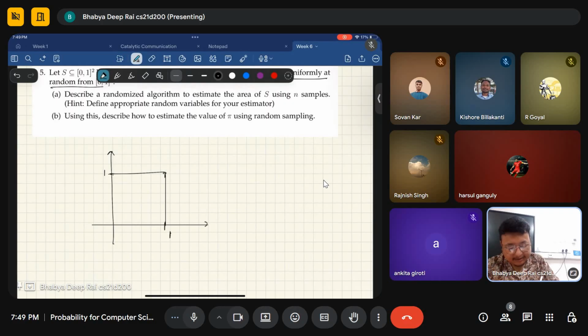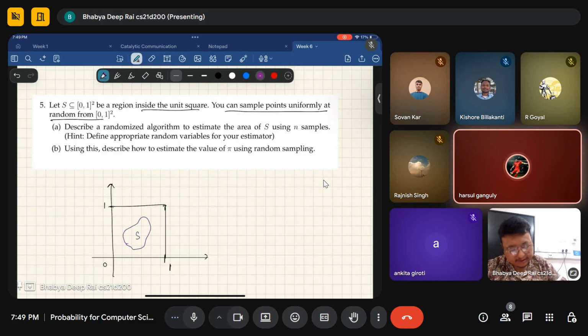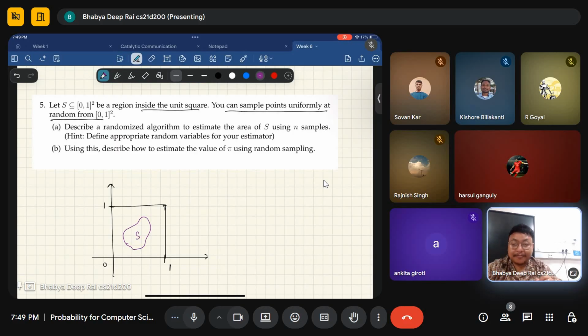This is a unit square. Now let S be a region inside the unit square, arbitrarily shaped, but each point will be x comma y.